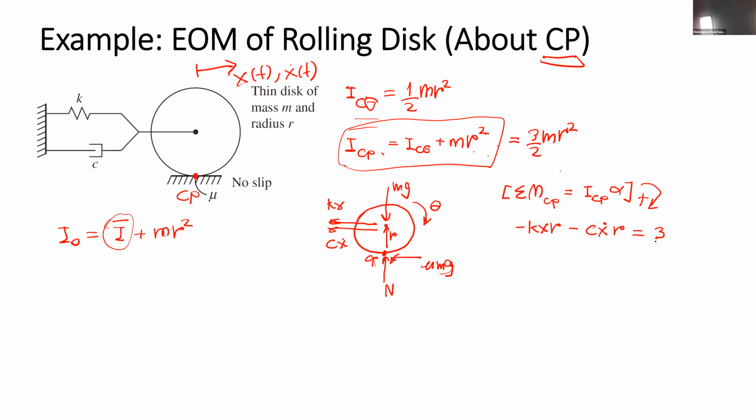So ICP is 3/2 mr squared. And the angular acceleration is theta double dot. We still have the geometric constraint that theta double dot is equal to x double dot divided by r.